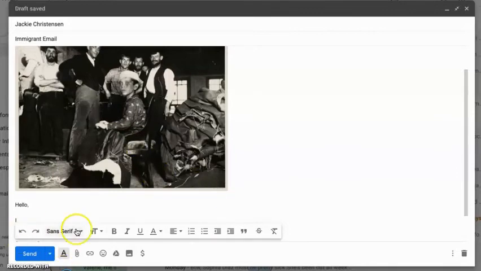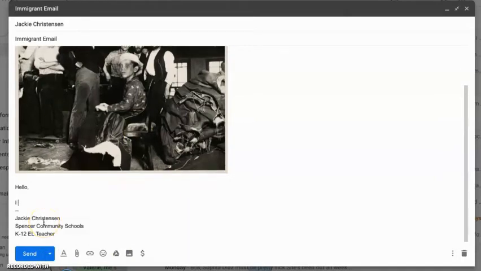Let me see if I can hide this quick. Okay, so you're going to write why you are writing this email. So you're going to look at here for some help. I am writing this email because I want to tell you how I feel about your picture.